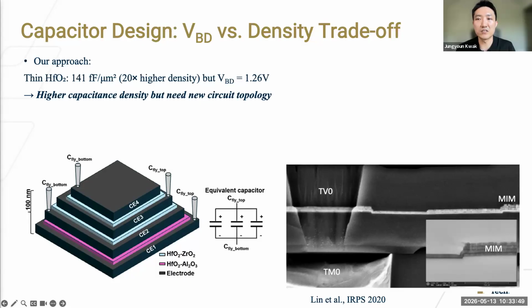The breakdown is around 1.6 volts. At 21 times higher density, the same capacitance value needs 21 times less area, combined with the 0.8 volt flying capacitor stress from the buck first stage. This film is the right choice for maximizing power density in our switched capacitor stage.